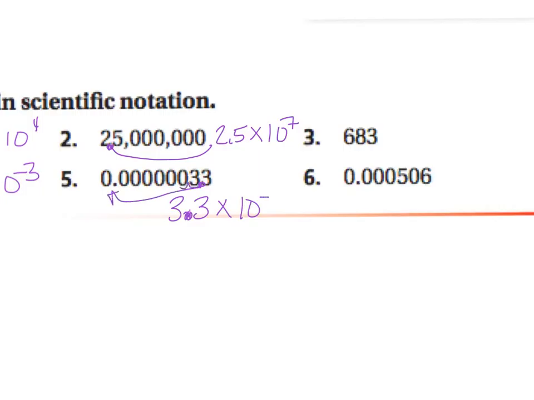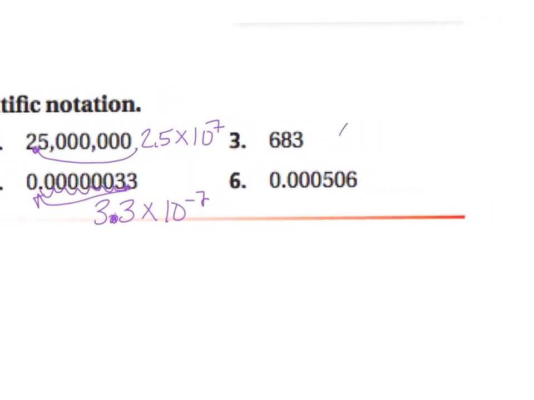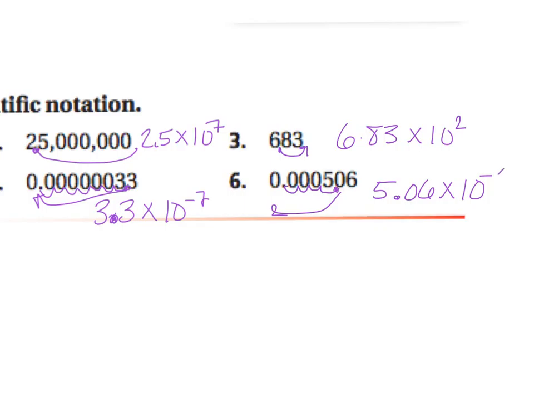And then we count 1, 2, 3, 4, 5, 6, 7 places, so negative 7. And then for those last two, we have 6.83 times 10 to the, I put the decimal here, I want it here, moving it to the right, making it bigger, and I need a positive 2. And then 5.06 times 10 to the, I put the decimal here, I need it to go to the left, so it'll be negative, and I move it 1, 2, 3, 4 places, so negative 4.